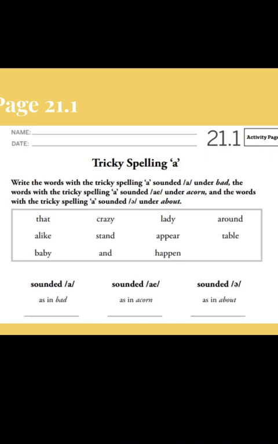We have crazy. What sound is A making in crazy? If you said it's making that A sound, it's saying its name, you are correct. So it's going to go under the second column. Okay? All right, you're going to complete this page. You could pause the video and do it now or do it after.